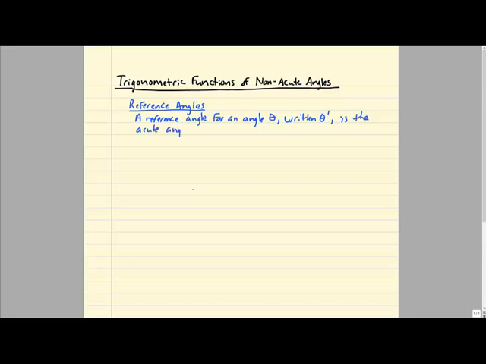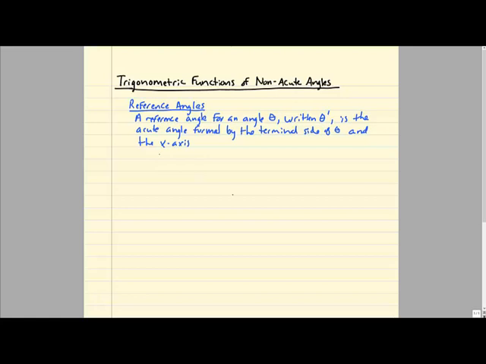And it's the acute angle formed by the terminal side of theta, and again we'll look at some graphs of these to make this a little bit easier, and the x-axis. After you see us find a few of these in the lecture, they're going to be a lot easier than looking at this definition.